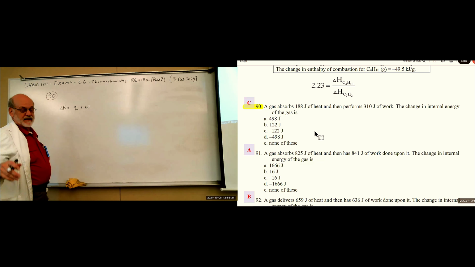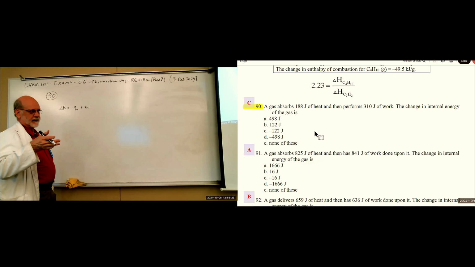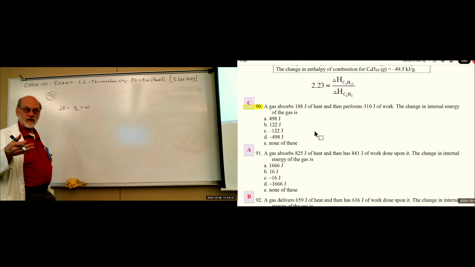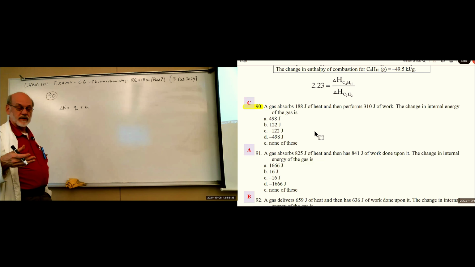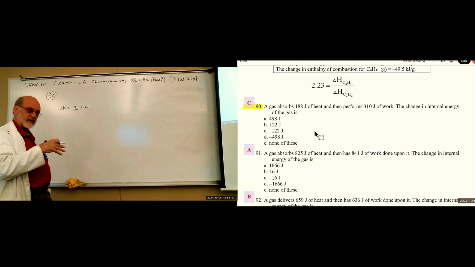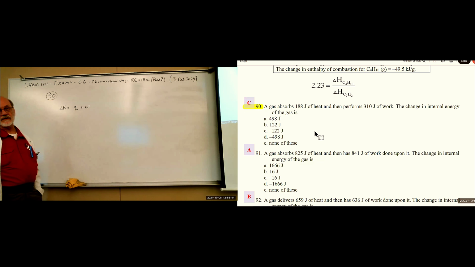Okay. So everything that happens, all numerical values that are applied to this system, their sign is based upon the system. So anything going into the system or done to the system is positive. Anything that the system does on its surroundings is negative.